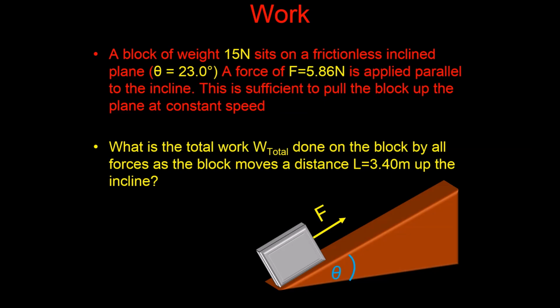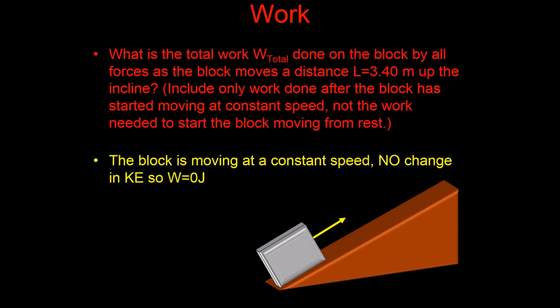This block is being pulled at a constant speed. Often people will do long, complicated calculations to prove this particular problem, but the key point here is it's moving at constant speed. If we include only the work done after the block's been moving at constant speed and not the work needed to start it moving from rest, which is what we're going to do, then the block travels at constant velocity.